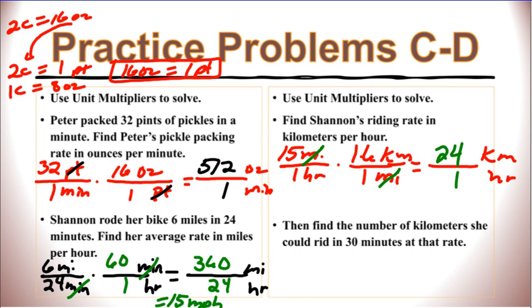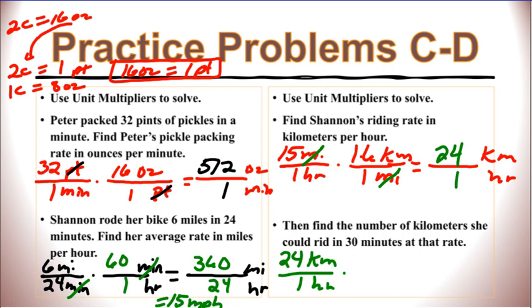And then find the number of kilometers she could ride in 30 minutes at that rate. So if she goes 24 kilometers in 1 hour, how much could she ride in 30 minutes? 30 minutes is half an hour.